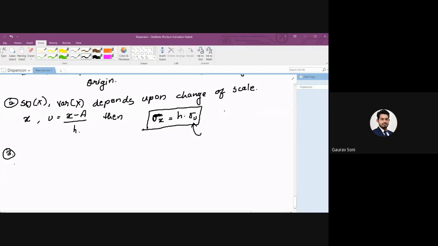The last one, I'll write down the combined variance and standard deviation.